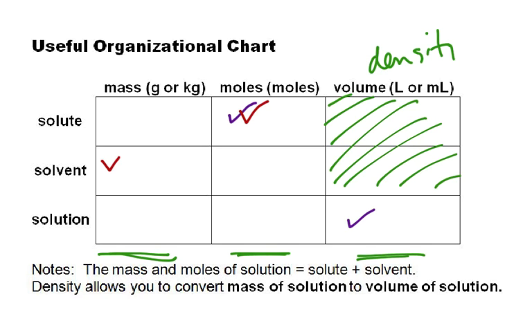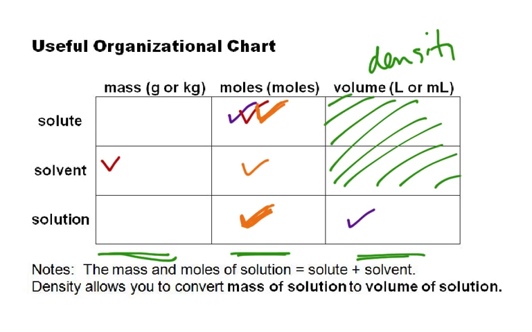If we wanted to do something like the mole fraction, well, mole fraction would be moles of our solute over the total number of moles, because we calculated the moles of our solvent and added them together. So if we get moles of solute over the total number of moles, then we get mole fraction.